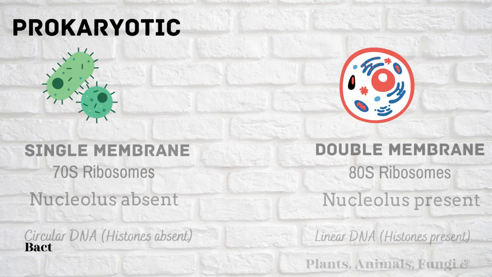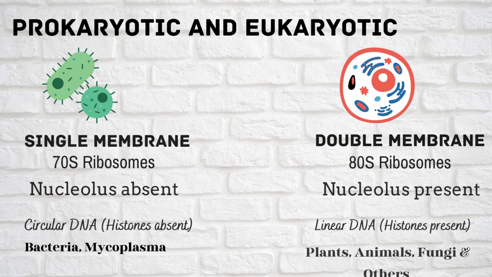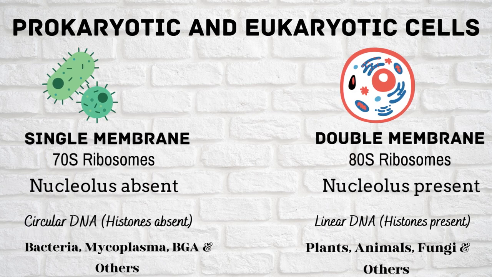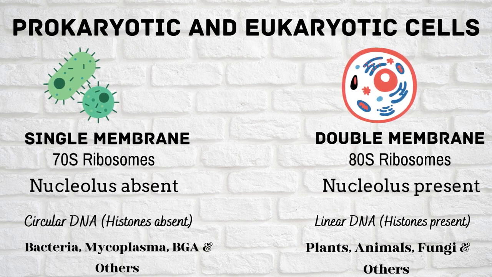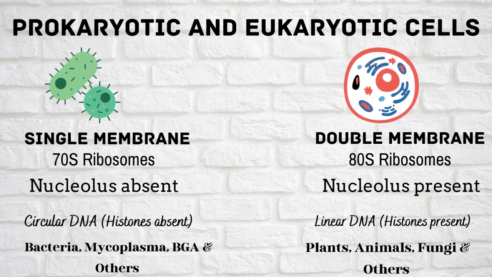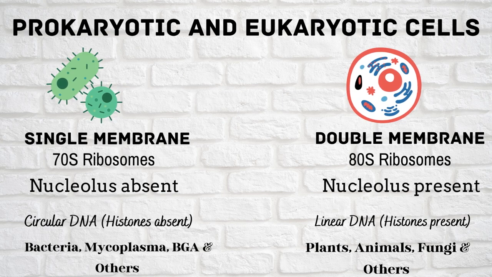Now let's have a look at the major differences between the prokaryotic cells and the eukaryotic cells. First, let's talk about the prokaryotic cells. Prokaryotic cells are characterized by the single membrane system. Their cell wall is surrounded by plasma membrane except in case of mycoplasma and the pleuropneumonia-like organisms. Their cell membrane bears respiratory enzymes. It has a circular DNA which is devoid of histone proteins.